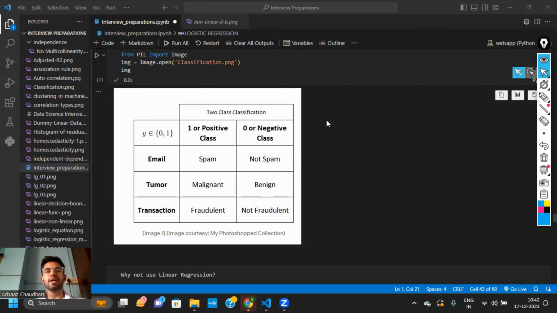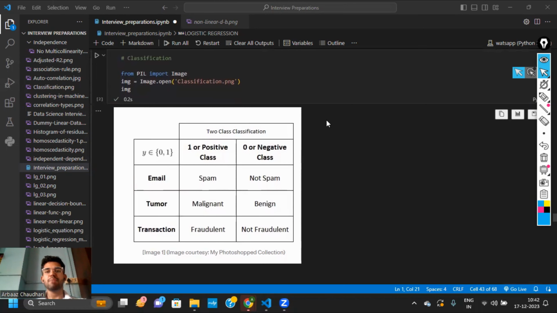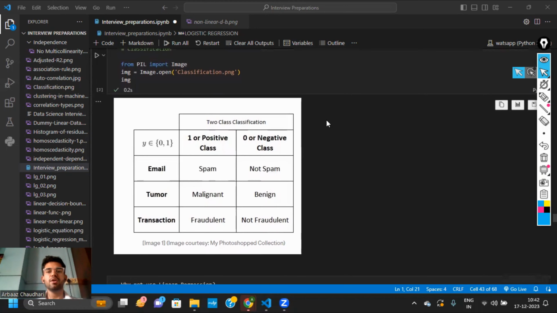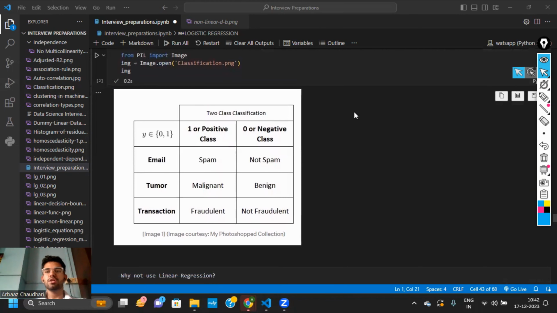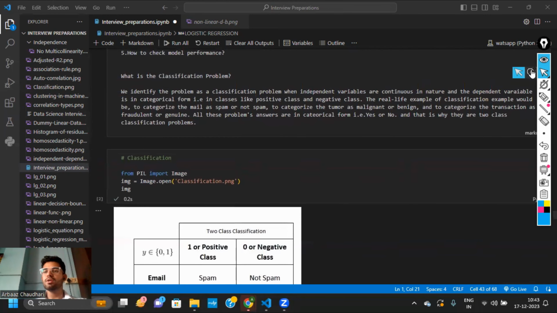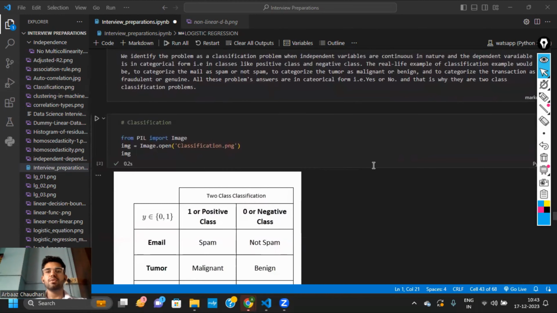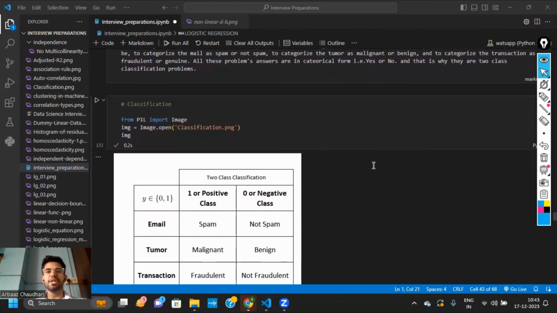You can take any problem where two classes are coming. That comes under binary classification. Binary means there are two classes and we have to classify between them. Logistic regression is able to perform binary classification very easily.